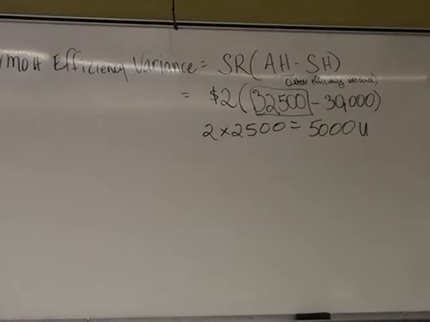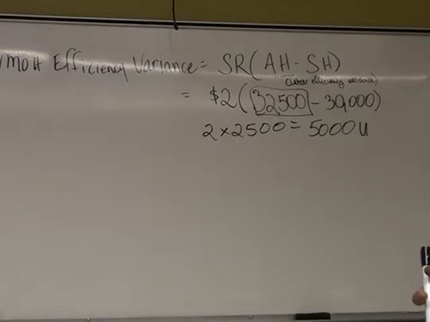But the fixed overhead costs are identical for the flexible budget because they're fixed, right? And remember, fixed costs don't change with the units of production. So when you're calculating the budget variance, all you're calculating is the difference between what you spent and what you estimated you would spend. So that's just those two numbers subtracted from each other.